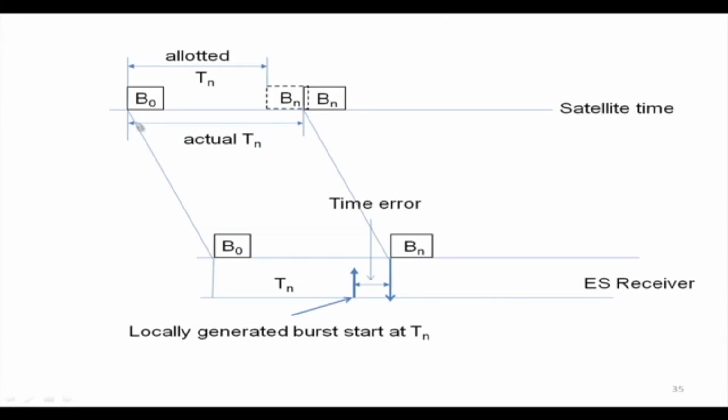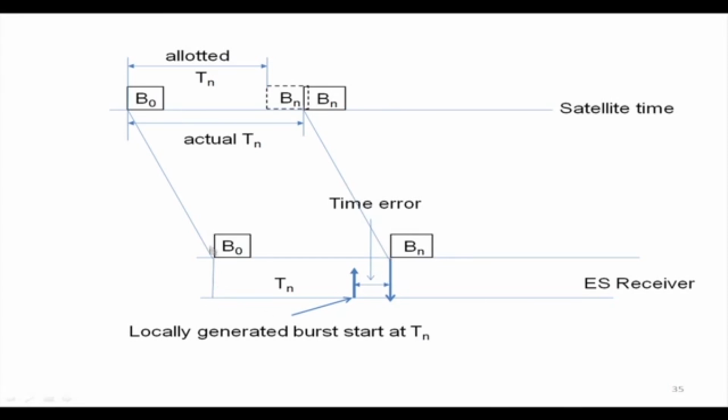So, you receive the B0 and you receive the Bn, which might have shifted. This is the allotted time, but because the satellite has drifted, Bn has reached a little later, at actual Tn, and what the satellite has received it will retransmit down. So, you will receive it slightly away.